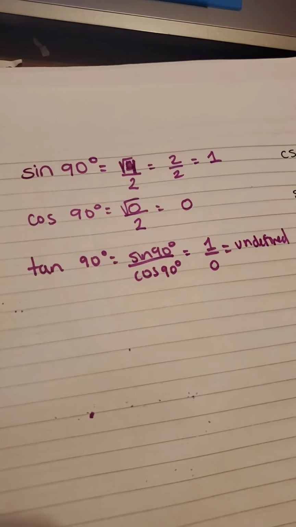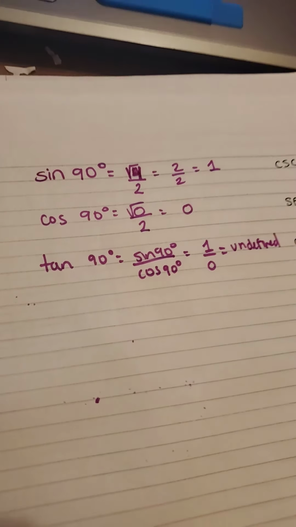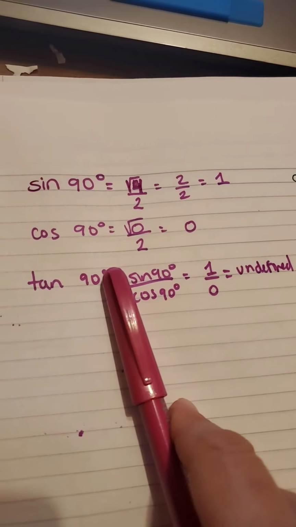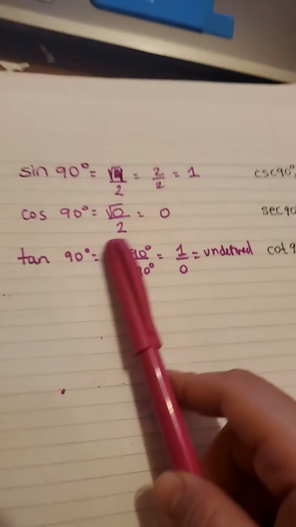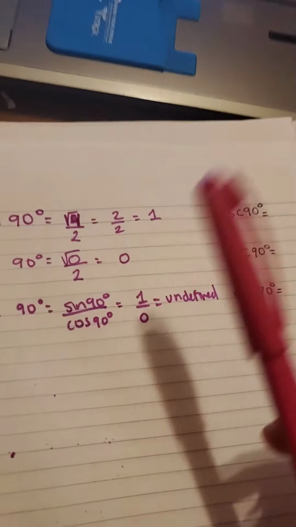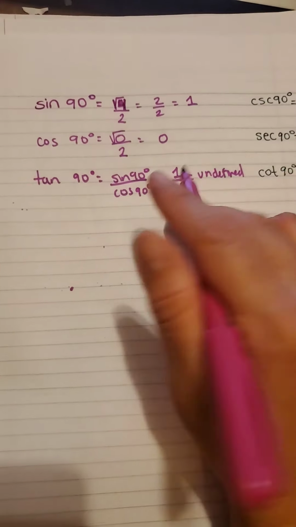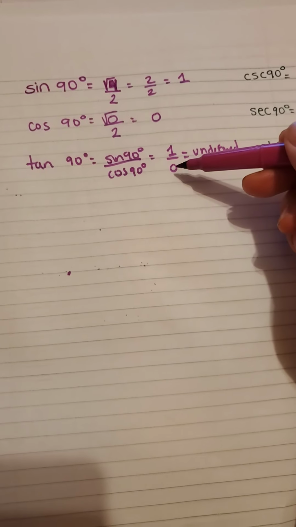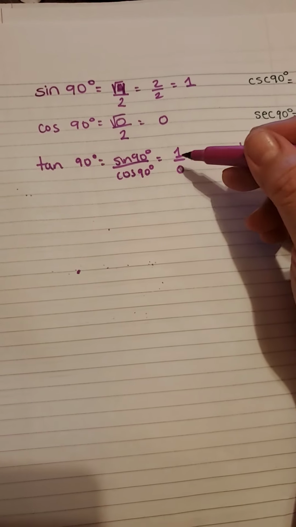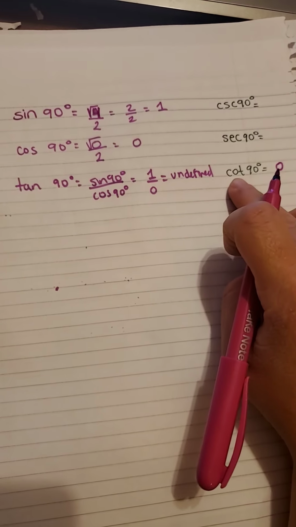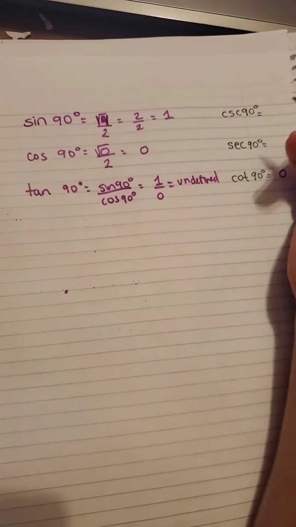Okay, these function values, you got them from the left hand trick, because these are the reciprocals of those. So what is the reciprocal of 1 divided by 0? The reciprocal of 1 divided by 0 is 0 divided by 1, which is equal to 0. Therefore, cotangent of 90 degrees equals 0.